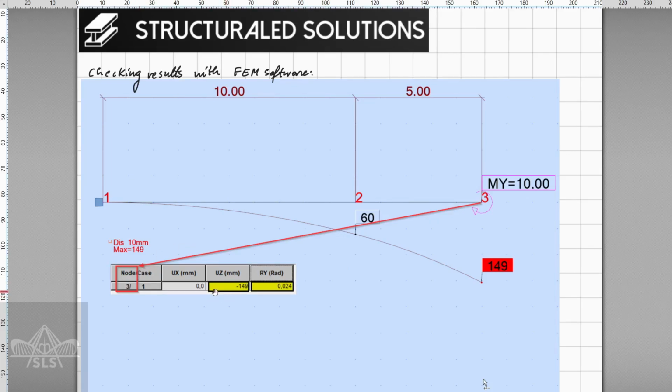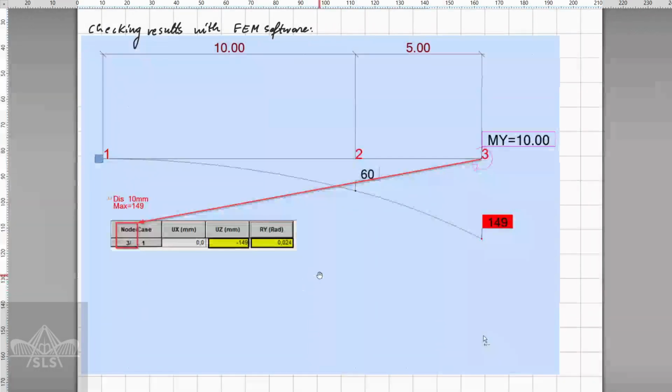As can be seen here from this small table at node number 3, which is assigned here according to the software, the displacement at point C is minus 149, with the minus sign indicating the downward direction, and the rotation is 0.024 radians, which means that the result obtained by hand calculation was correct, and the formulas can be used in the future if some parameters change for this type of cantilever beam.